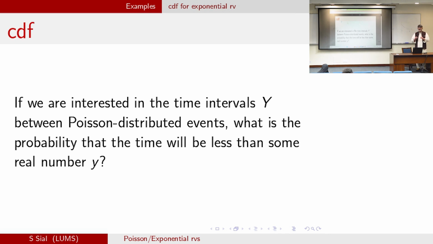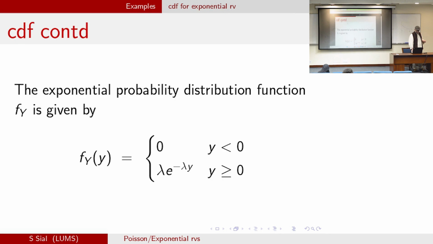So the CDF evaluated at B is the PDF integrated from minus infinity to B. This was the PDF for y, the exponential random variable, and if I want the CDF evaluated at B, I integrate this PDF from minus infinity to B.